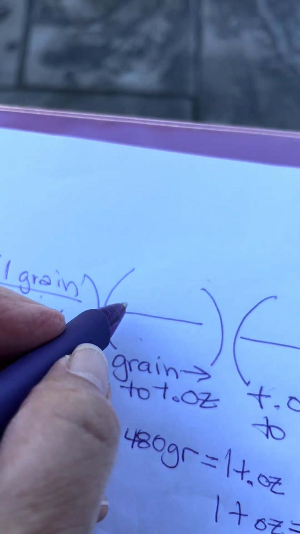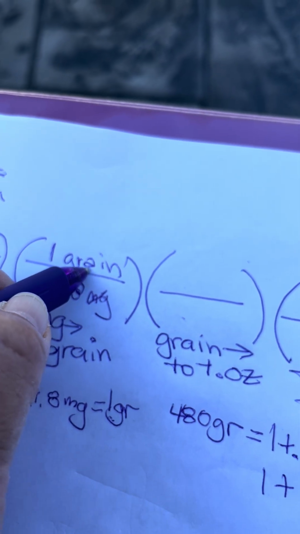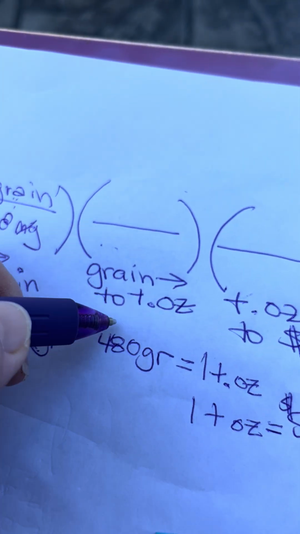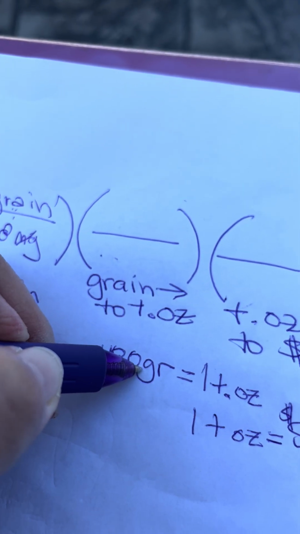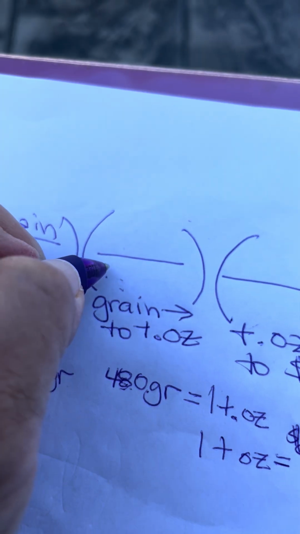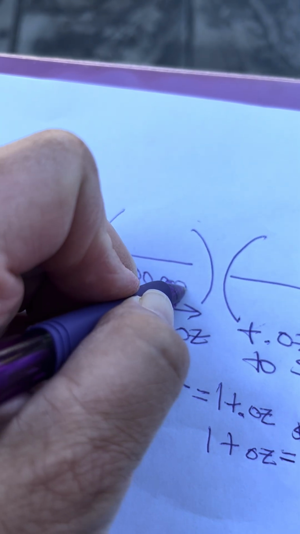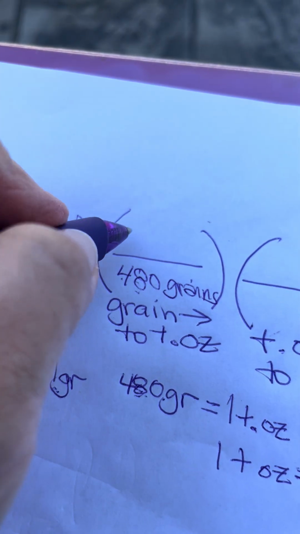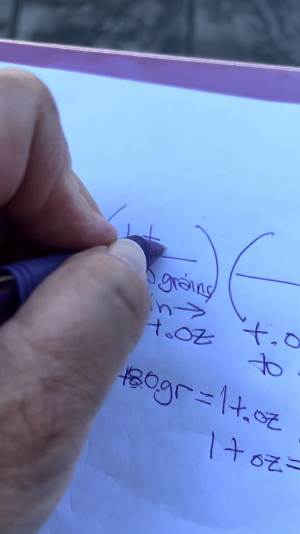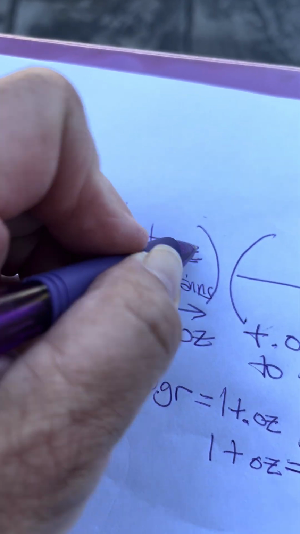Then you're going to take grains to troy ounce. So we're going to put what we're trying to get rid of, grain, at the bottom. So we're going to use the 480 grains. We want to cancel it out, so we're going to take the 480 on the bottom, and that's 480 grains equaling 1 troy ounce. I'm just going to write it T and then OZ to save room.